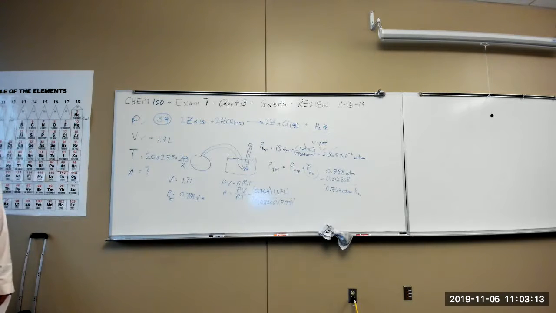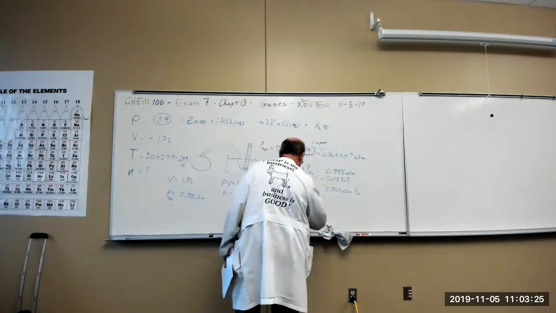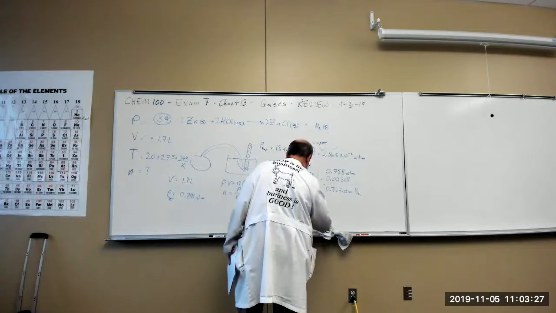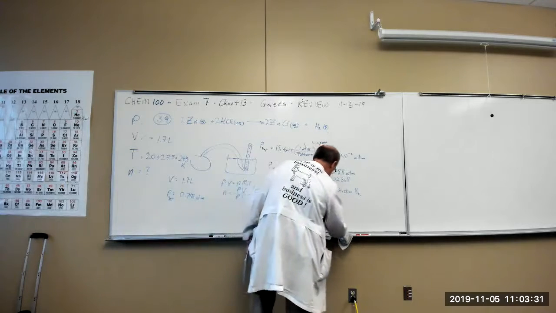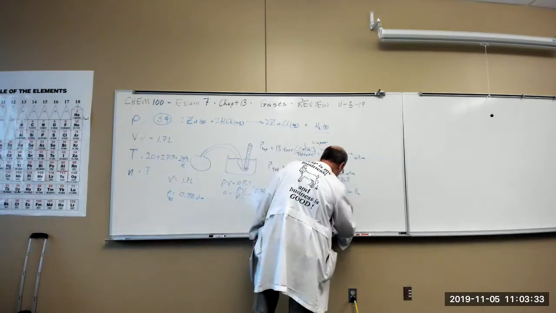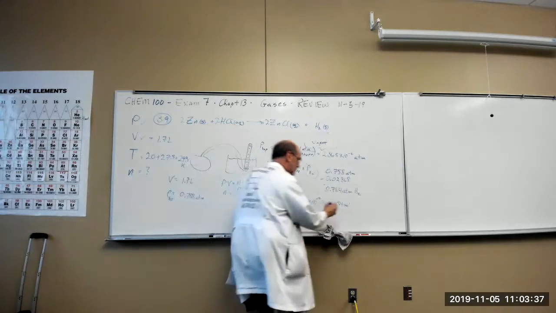So I get, let's see, what units are we given here? Standard notation. 5.4 times 10 to the minus 2 equals 0.054 moles of hydrogen.